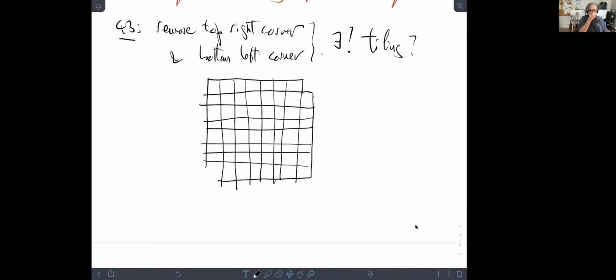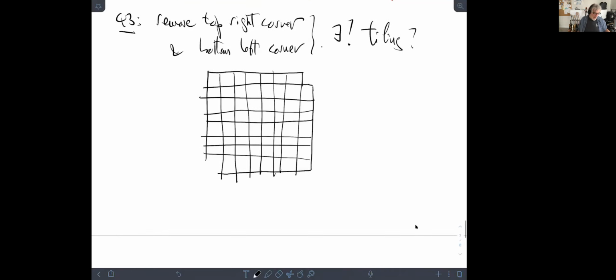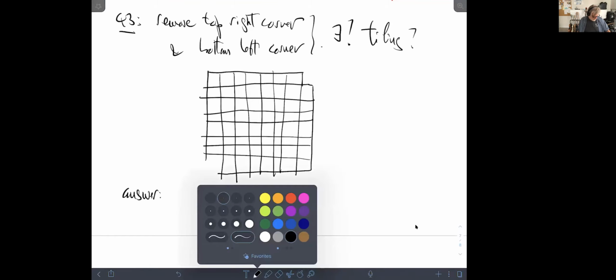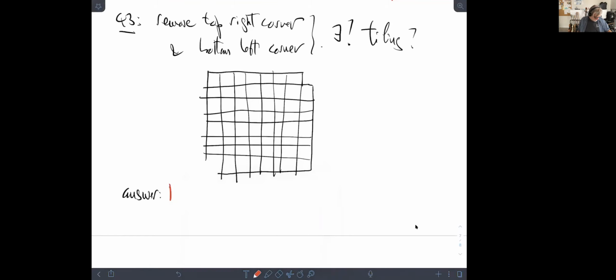There was always a bug. But the thing is, why does it always fail? Is there a simple argument why it fails? Because it always fails. The answer is no. And the question is, why?